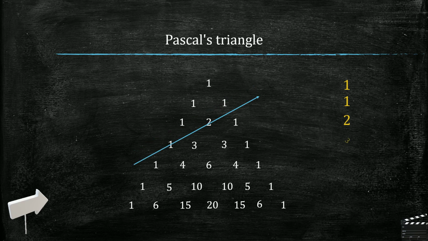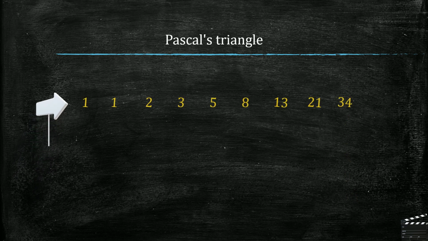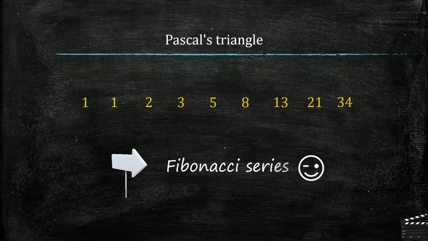I'll just continue this. Whatever numbers it touches, I will add and put there. Again, again, and again. I've got a series of numbers. When I look at these numbers closely, I've got something. Have you seen this before? Yeah, absolutely. This is nothing but the Fibonacci series. I'll do a separate video about this, as it is one of the most interesting series in mathematics.